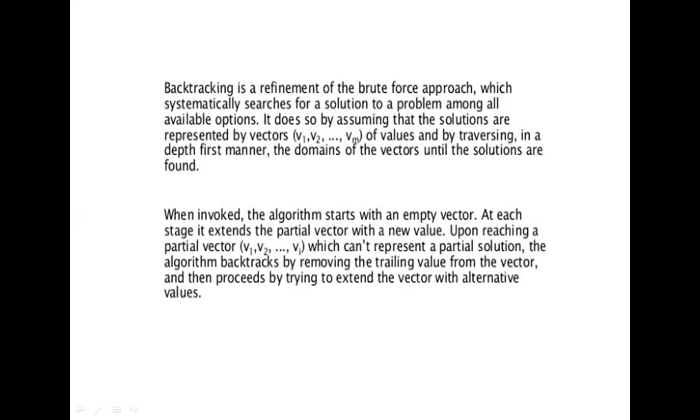We already know that first you visit one vertex, then you move to the related vertices. If the solution is not found, we come backward and find another path. In this way you choose backtracking.